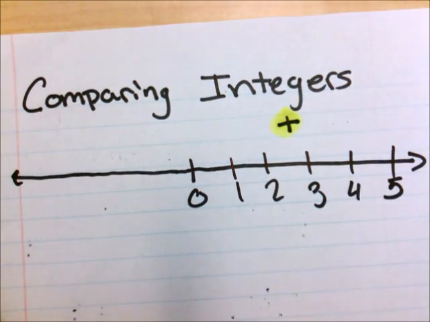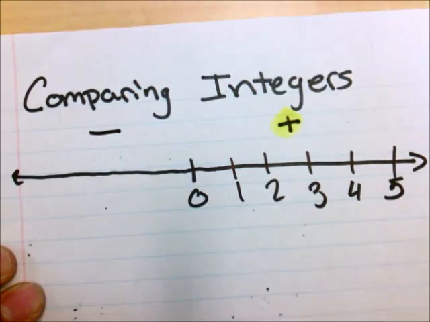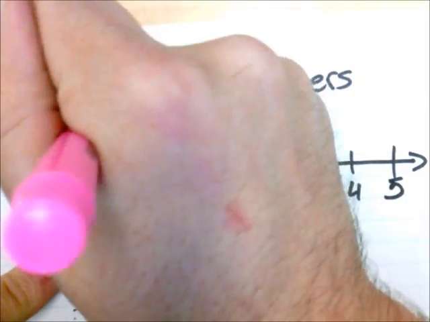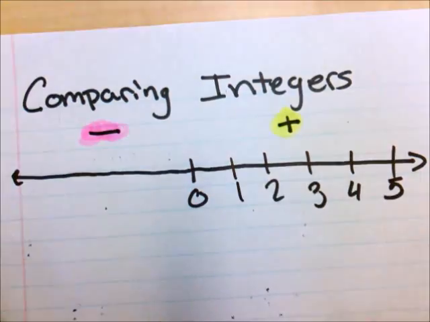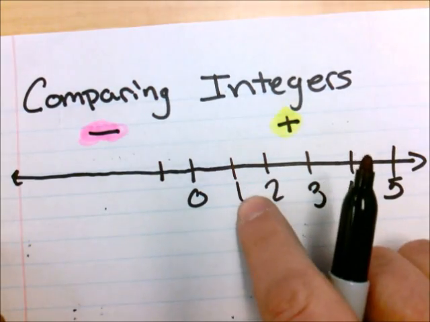But on the left-hand side, 0 is a neutral number. On the left-hand side, just kind of like a battery, we're going to have our negative sign there. I'll highlight that in pink. And it's the exact same thing as the positive side, it's just with negative numbers instead. So my first one over here is a 1.